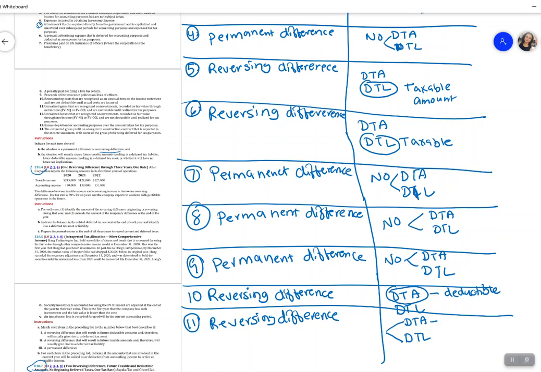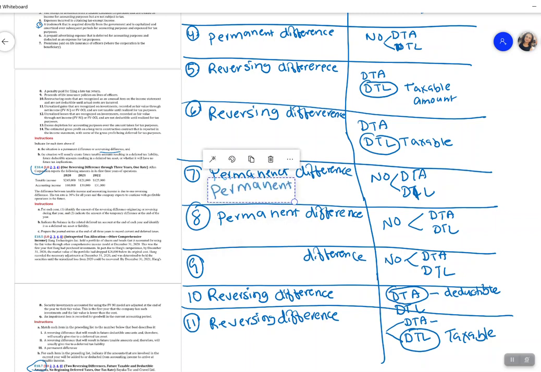We needed to ask ourselves a question: are we going to be taxed in the future, or are we going to be deductible? In other words, with a gain, we're going to be paying taxes in the future. If it's a taxable amount, then it creates a deferred tax liability. So the amount is taxable.